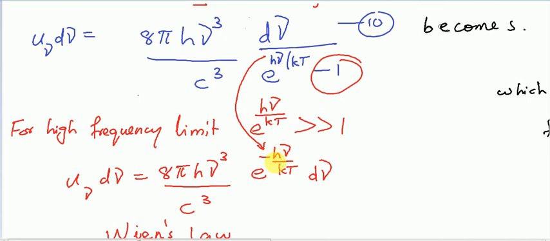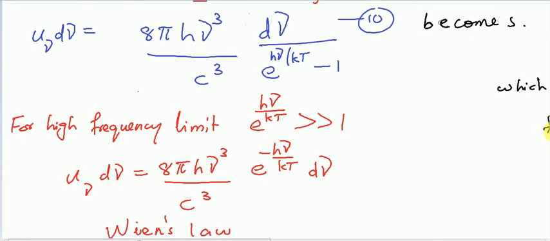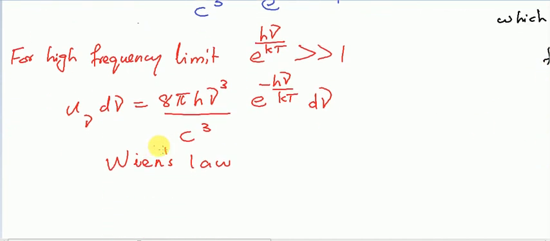Okay, so the final expression for the higher frequency limit simplified to u nu d nu. What is that? The energy density of particles having frequency in a range nu and nu plus d nu is u nu d nu equal to 8 pi h nu cube divided by c cube times exponential negative h nu by kT d nu. This is exactly Wien's law that we learned for the higher frequency limit.